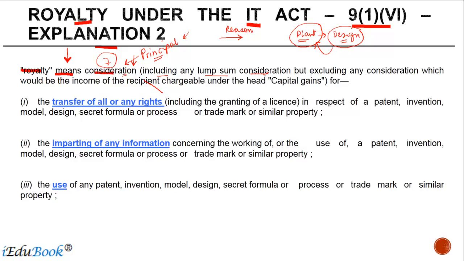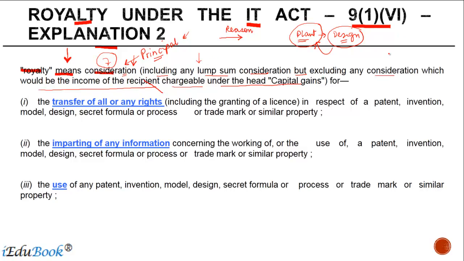Including any lump sum consideration, but excluding any consideration which would be income of the recipient chargeable under the head capital gains. Two points are conveyed out of this bracket part.